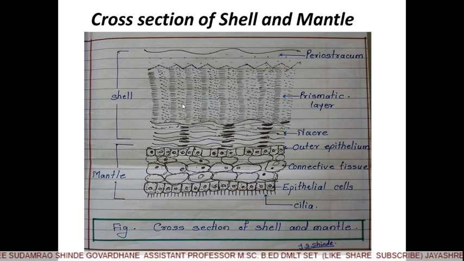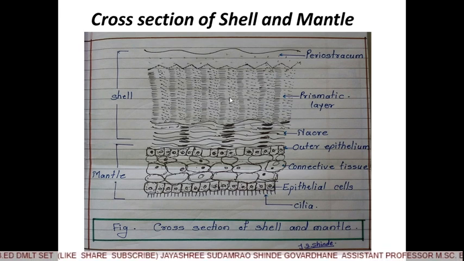As you can observe in this diagram, each plate is surrounded by a protein matrix, due to which the shell becomes strong. These are the calcareous plates, and this is the protein matrix due to which the shell gets strengthened.